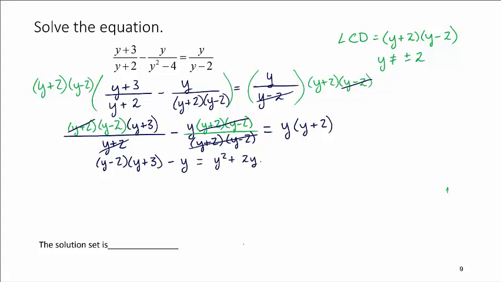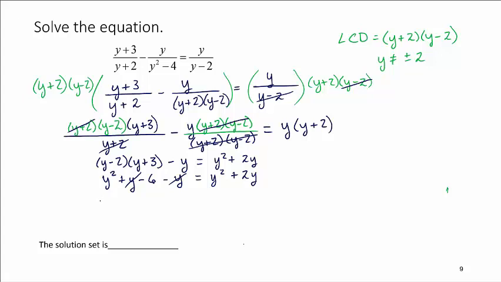I'm just going to go ahead and distribute the y through. And then on the left here, I'm going to FOIL this, right? (y - 2) times (y + 3), we've got y squared. The middle term is going to be, let's see, 3y minus 2y is just y. Negative 2 times 3 is minus 6. Minus y equal to y squared plus 2y. Okay, so on the left-hand side, y minus y goes away, right?